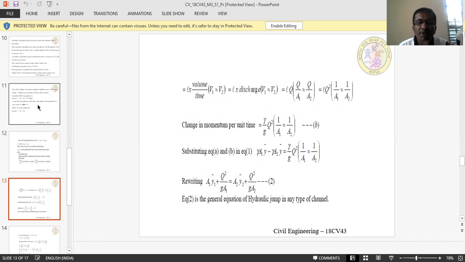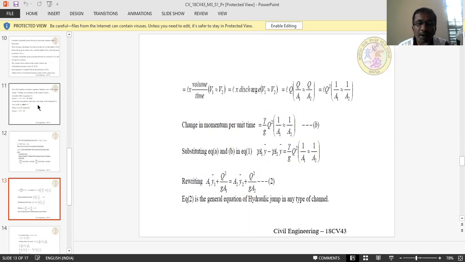Volume by time can be written as discharge, so it is Q into v1 minus v2. Q equals AV, therefore V can be written as Q by A. So v1 is Q by A1 and v2 is Q by A2. Bring Q outside, then Q square into 1 by A1 minus 1 by A2.